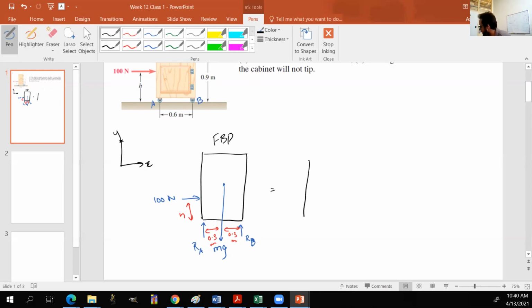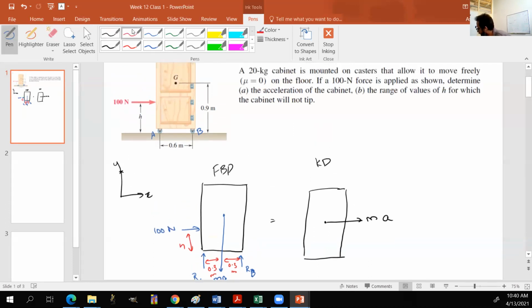Kinetic diagram. All right, KD. This is a problem in pure translation, so it's only going to translate in the x direction. So let's say that that's MA like that, and that is from the problem statement at a height of 0.9.